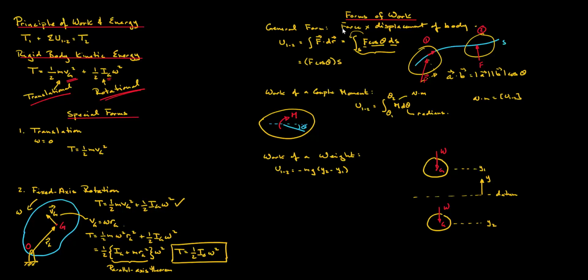But we know by convention that the work is positive if the force vector and the displacement are in the same direction. So we need that negative in order to get a positive work. If y2 is less than y1, then y2 minus y1 will be less than 0. Therefore, what we would need is this negative sign over here.